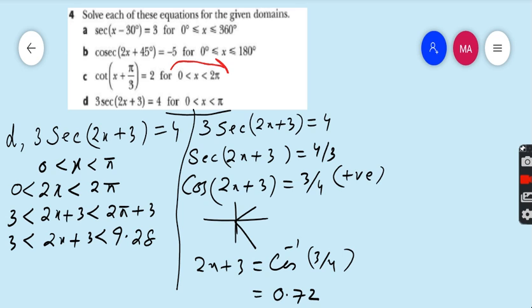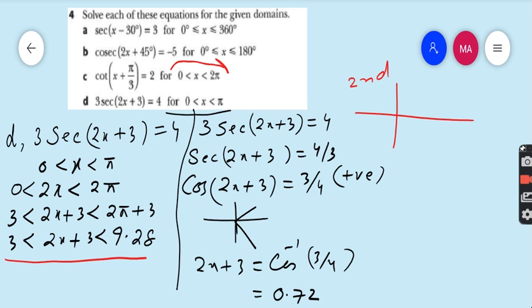Why? Look carefully. The domain from 3 to 9.28, where 3 lies in the second quadrant, because the first quadrant is from 0 to pi by 2, the second quadrant is from pi by 2 to pi. And 9.28 is 2 pi plus 3.